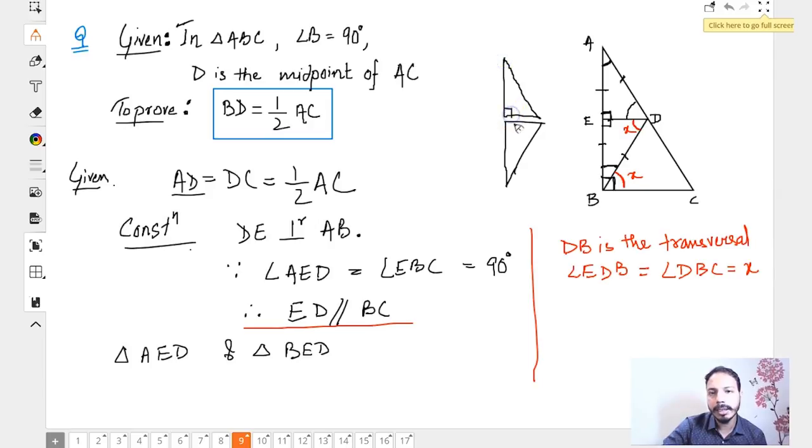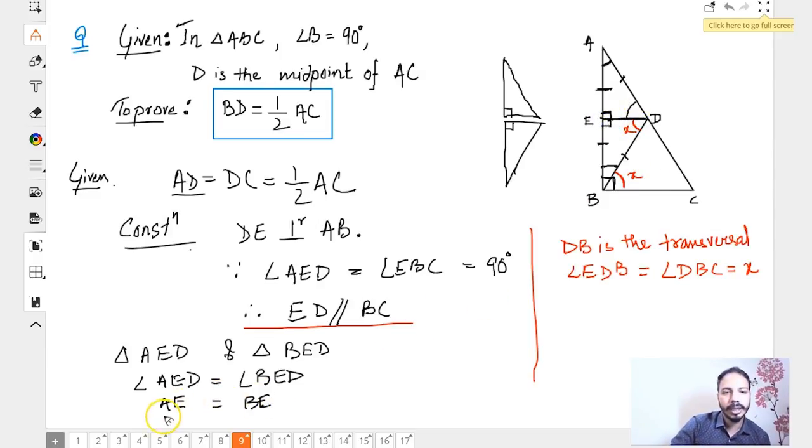I can say this angle is equal to this angle. That means angle AED is equal to angle BED. What else? This side I have already proved is equal to this side. That means AE is equal to BE, and this is the common side. That means ED is common.